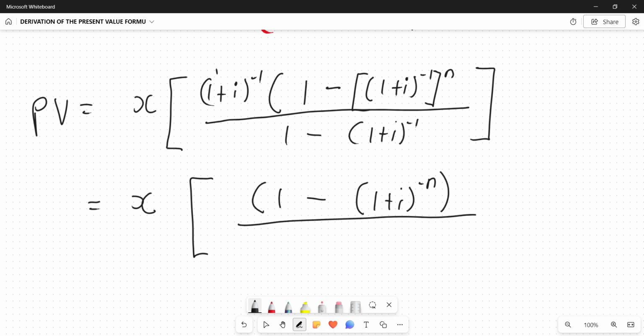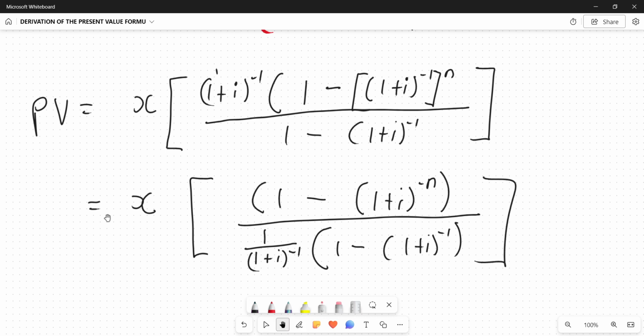So now this (1 plus i) to the power of negative 1 is the same as 1 divided by (1 plus i), into, remember we had this denominator before, which is 1 minus (1 plus i) to the power of negative 1.